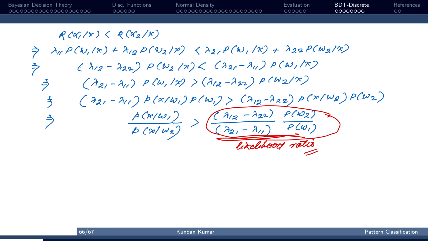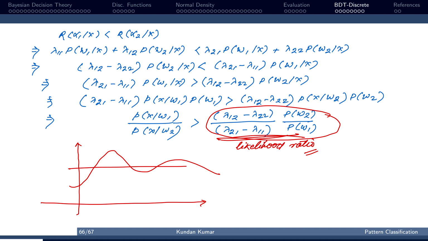Okay, so just see, if we have the likelihood ratio like this, and then just put a threshold theta, this is p of x given omega 1 divided by p of x given omega 2, the likelihood ratio, and if it exceeds some threshold, then it will be class 1. So this will be region 1 and this will be region 2, because this is less than the threshold value. Okay, so this likelihood ratio helps us to make the decision.